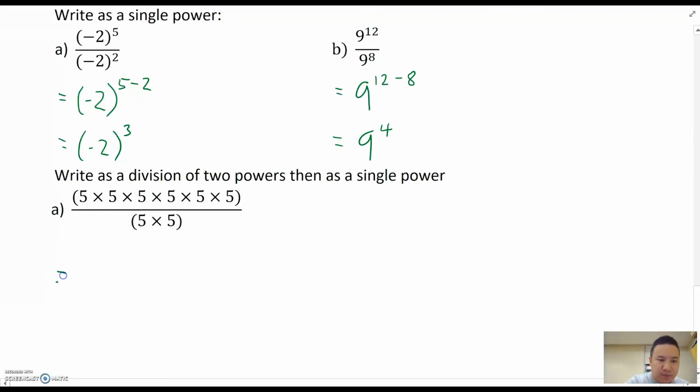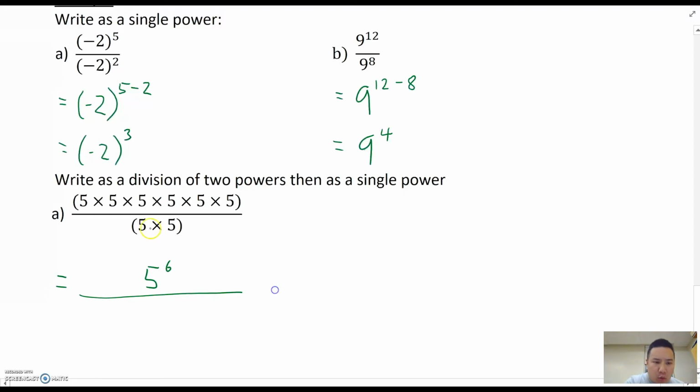So let's deal with what's up top. How many 5s do we have here? 1, 2, 3, 4, 5, 6. So we got 6 5s up top. So that's 5 to the power of 6. And underneath, we have 1, 2, 2 5s. That's 5 to the power of 2.